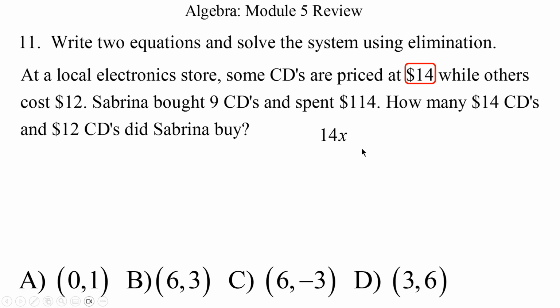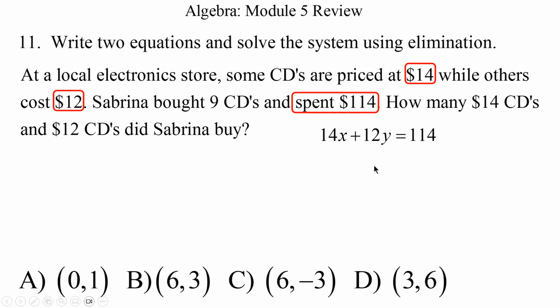So I'm going to write that as a plus 12y. Okay. Sabrina bought 9 CDs. That does not help me with this first equation, but she also spent $114. So if she spent $114, I know 14x plus 12y would have to equal 114.